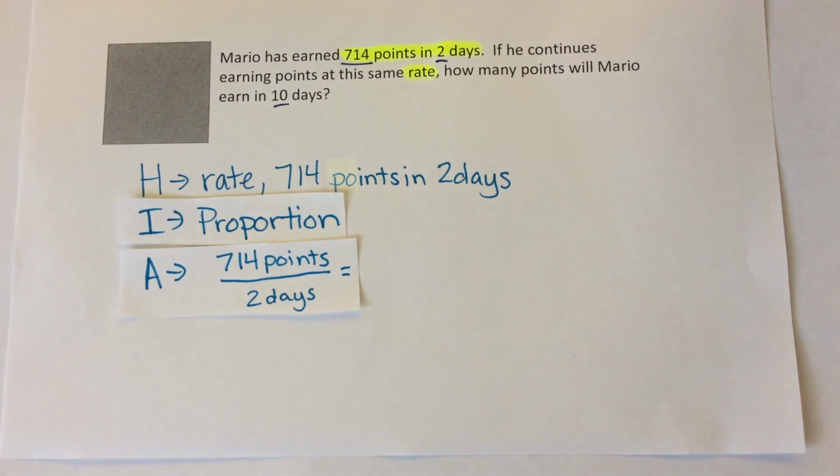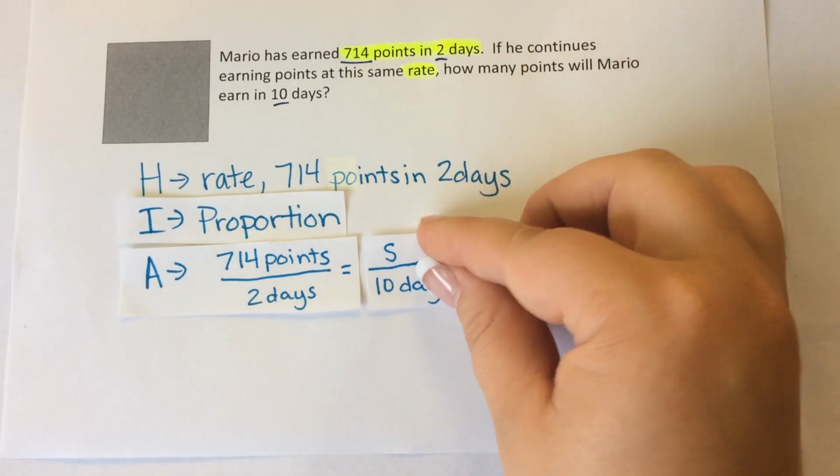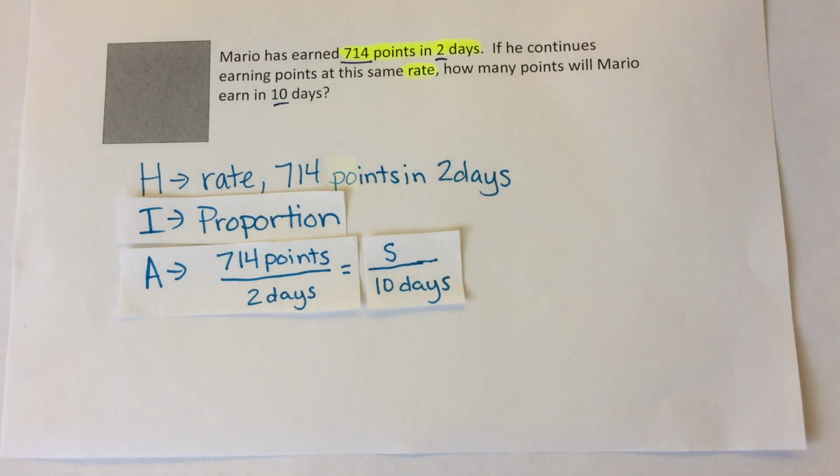And that's going to be equivalent to another fraction. Now we have 10 days as our third number. 10 days should line up with 2 days because our labels go together. 2 days is in the denominator. So when I write my algorithm, 10 days is also in my denominator, but in my secondary fraction.